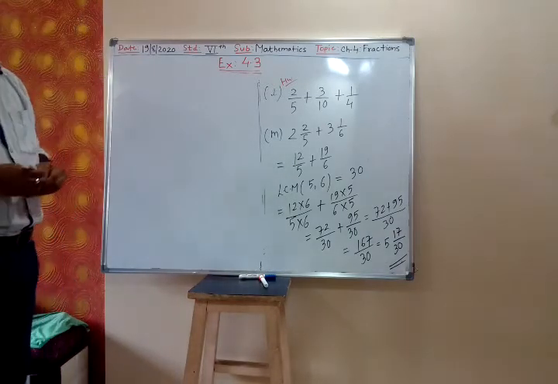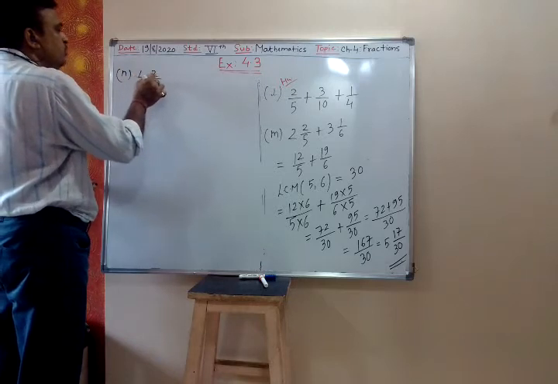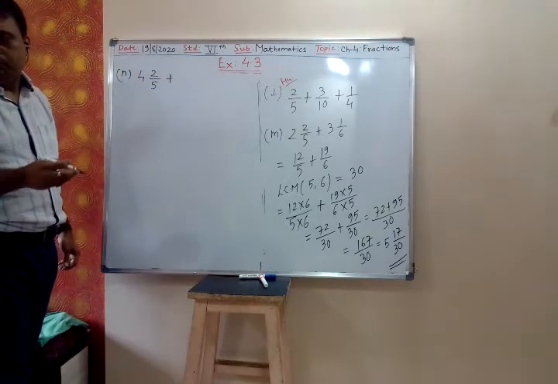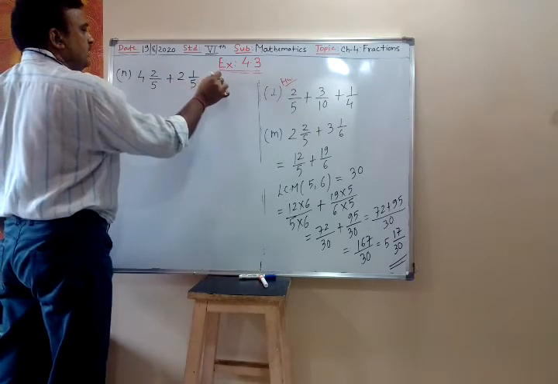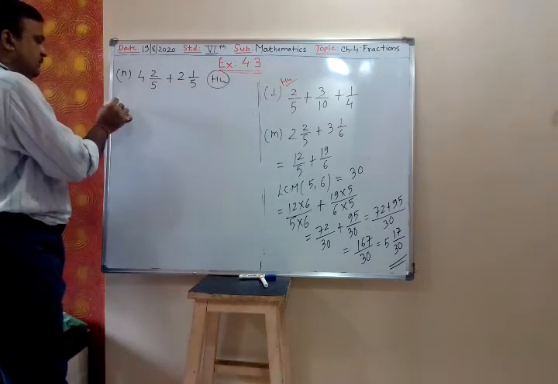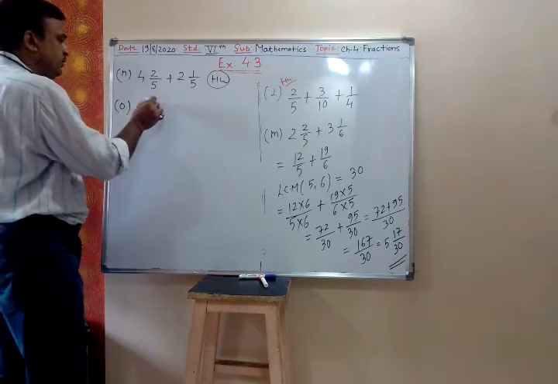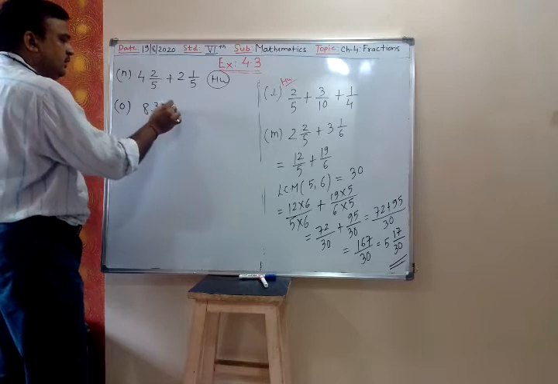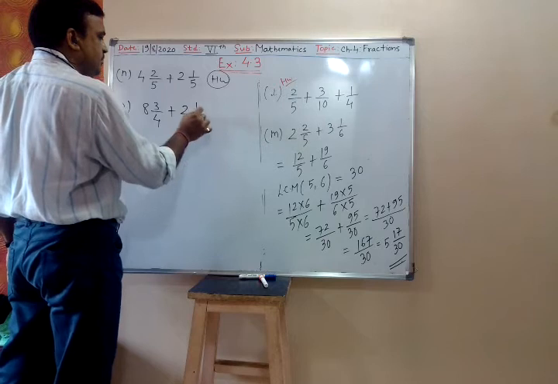Now N: 4 and 2 by 5 plus 2 and 1 by 5. This will be homework. O: 8 and 3 by 4 plus 2 and 1 by 6.